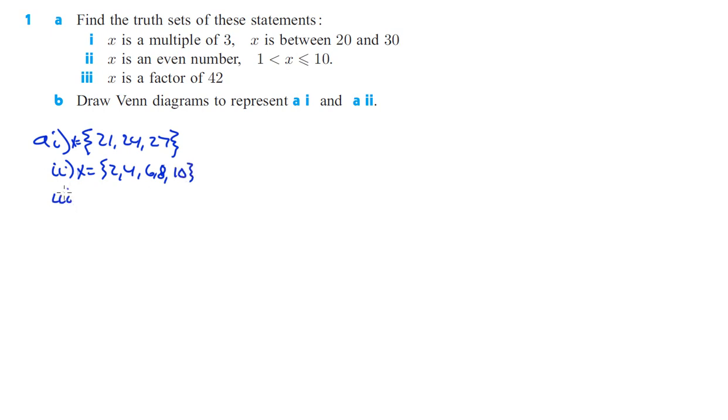Okay. And then part 3, X is a factor of 42, so we just want to come up with all the factors of 42. So we've got 1 and, let's say, 42. We've got 2 and 21.